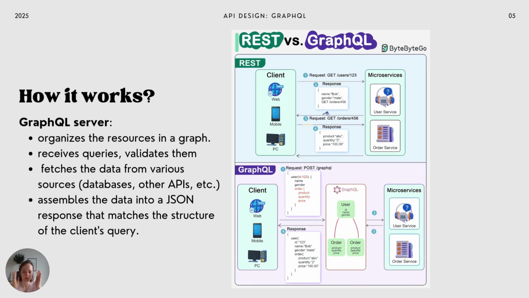We have a resource user, here is our endpoint users. Here instead, the user will be just a node in a graph, and it can be connected to other things. And when I fetch data, maybe for my interface I want to fetch both the user and its orders in one neatly defined JSON object instead of doing multiple requests to my server.